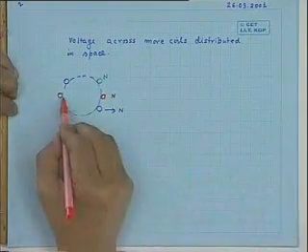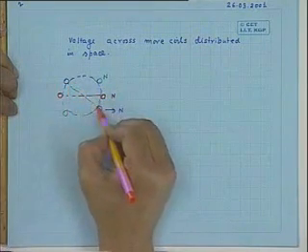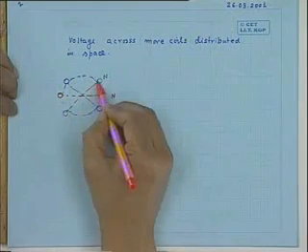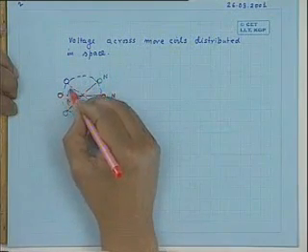But what I will assume is that they are distributed in space by an equal angle, beta.